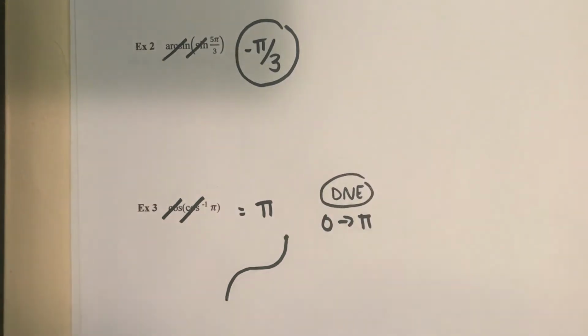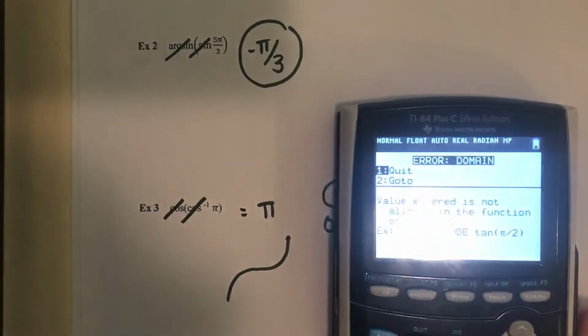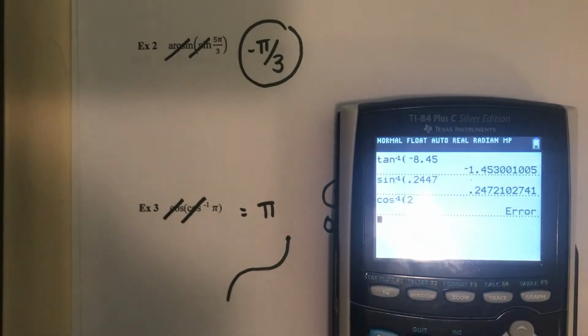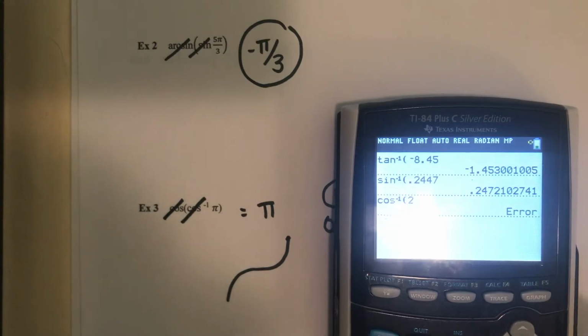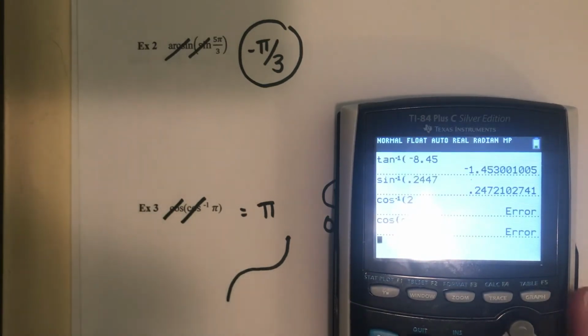Now for all of these, we could check these on our calculator. If I check number 3, I could plug it in exactly how I see it. So cosine and then inverse cosine of pi. And I got an error. Back to number 2, if I type that one in, inverse sine of 5 pi over 3.